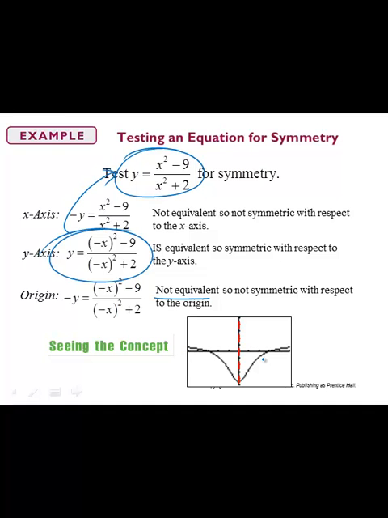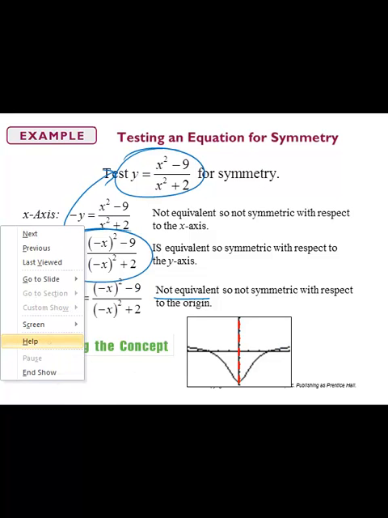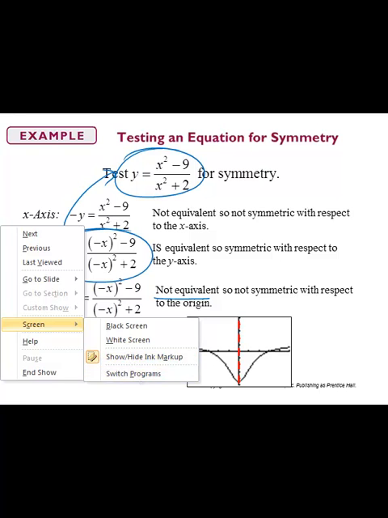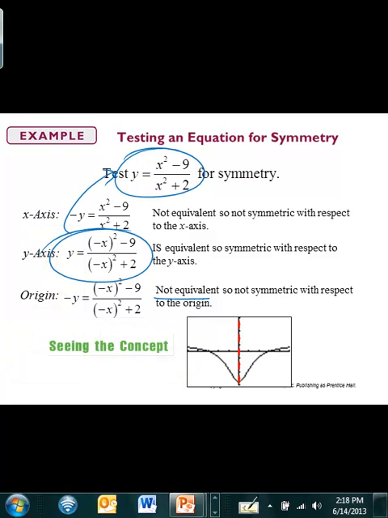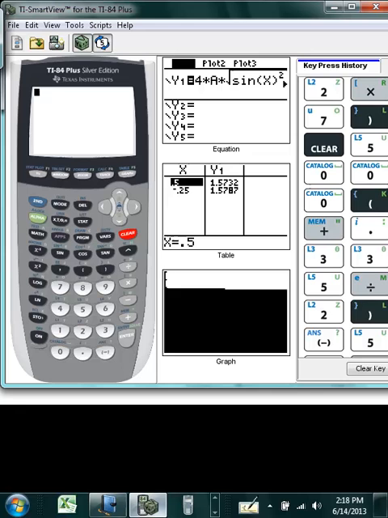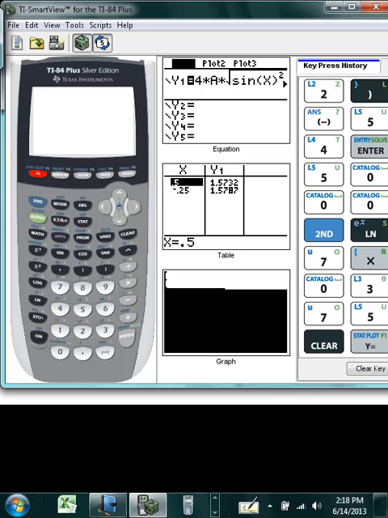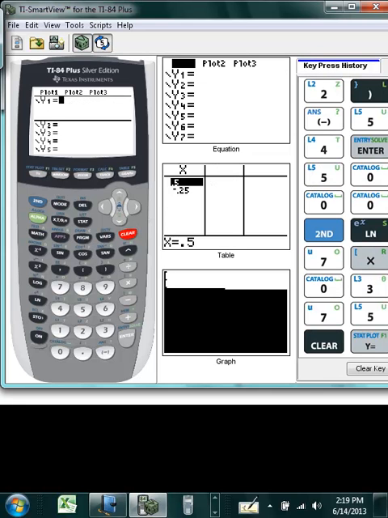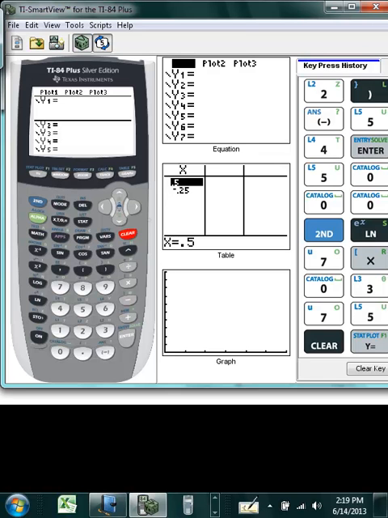This is from a graphing calculator. And as a matter of fact, I could show you how to graph that. If you've got a TI-84, I'll show you how to graph that. Let me pull out my TI-84 and clear that. All right, so let me pull this up real quick.